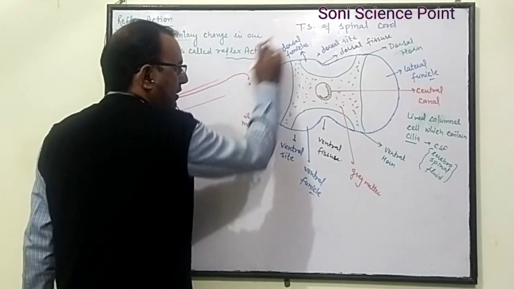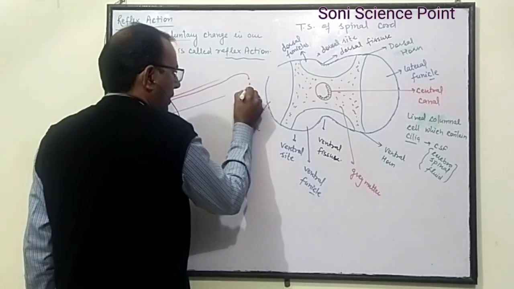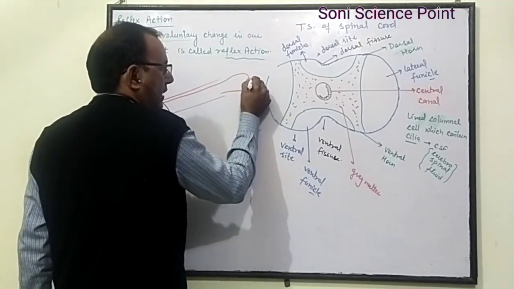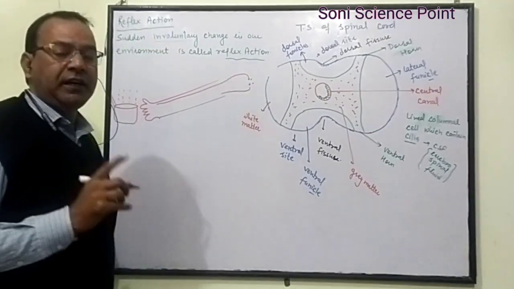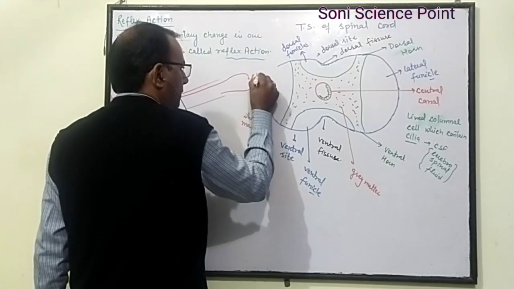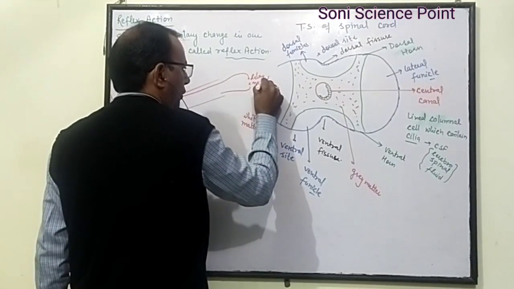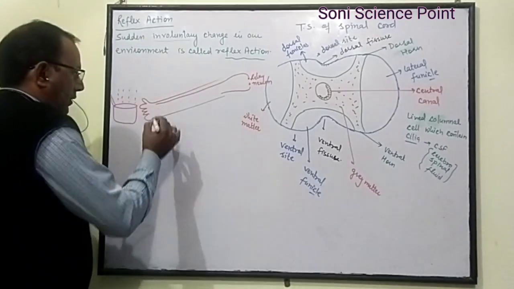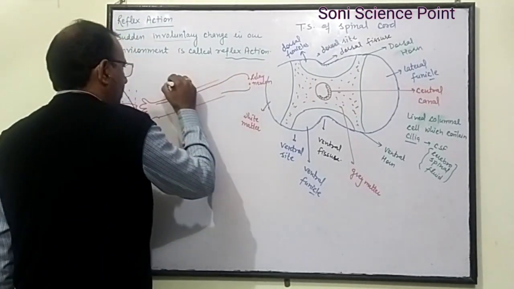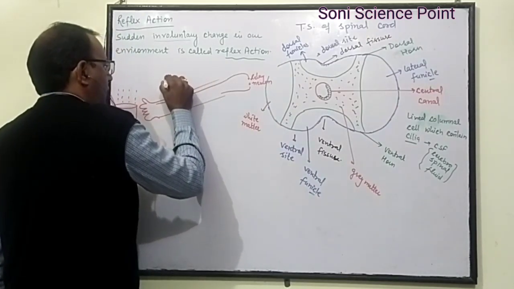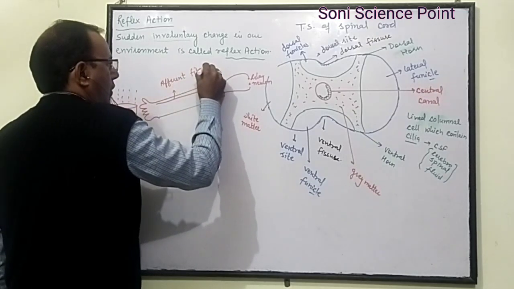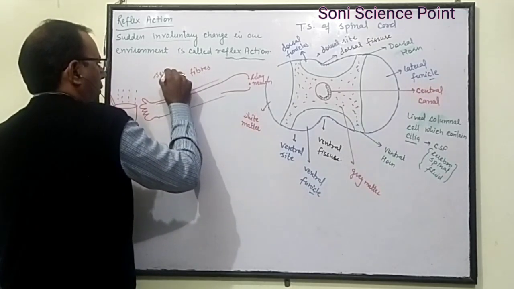This is the middle part. This junction between sensory and motor is known as the interneuron or relay neuron. The neuron which takes information from the effector to the CNS is called the afferent fiber, or sensory neuron.